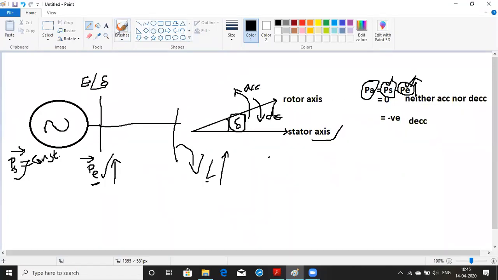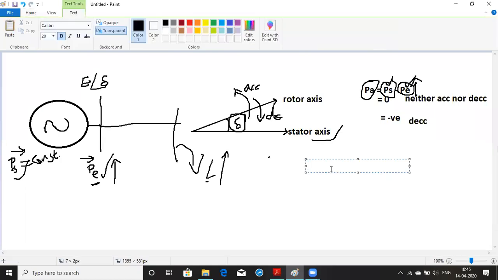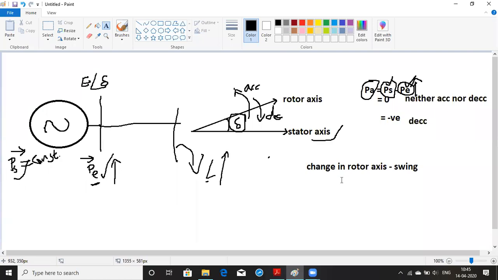Whenever there is a change in the rotor axis, this delta value will also change, and we are going to call this change in rotor axis a swing. We are going to use the terminology swing. Swing is when there is a change in the rotor axis. The rotor axis will change when there is a disturbance, whether the disturbance is due to the load, due to the transmission line, such as transmission line faults, or due to any other condition.